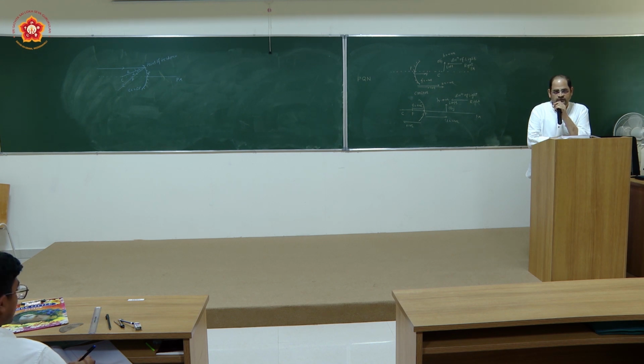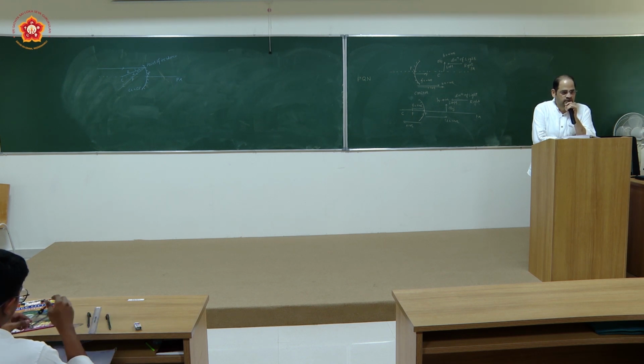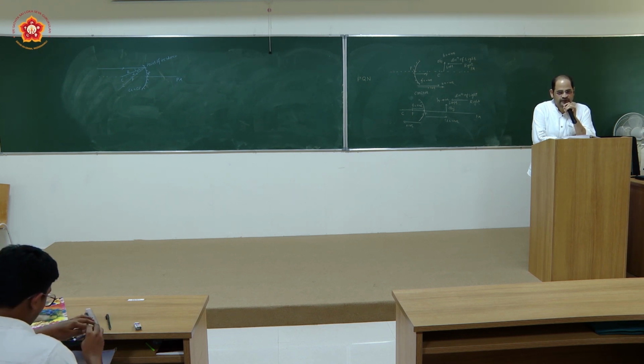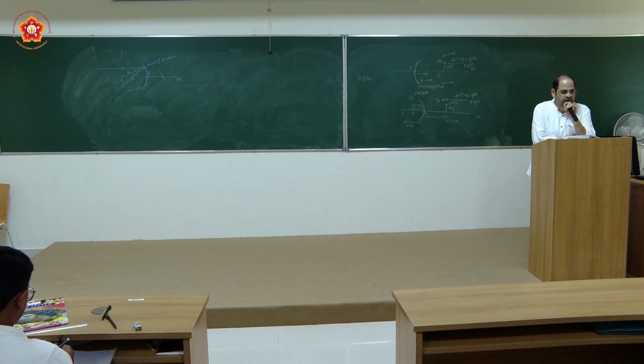Are you all aware of a rounder? Yes. So use that rounder to mark a curve of 3 centimeter radius. I am telling you the geometrical part of it. Take out a rounder, set a distance of 3 centimeters and mark a concave mirror of radius of curvature 3 centimeters.